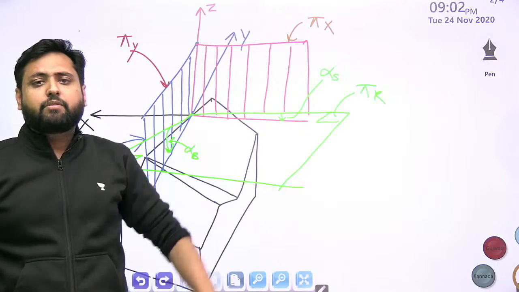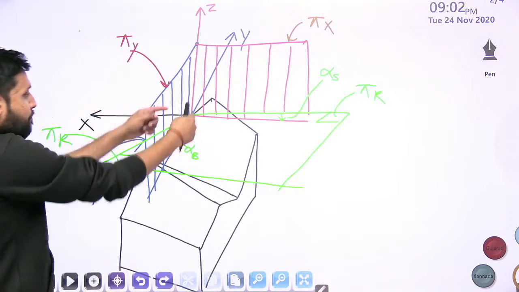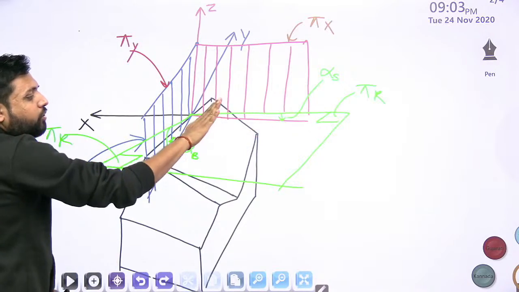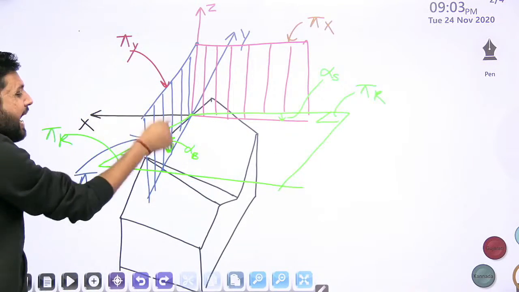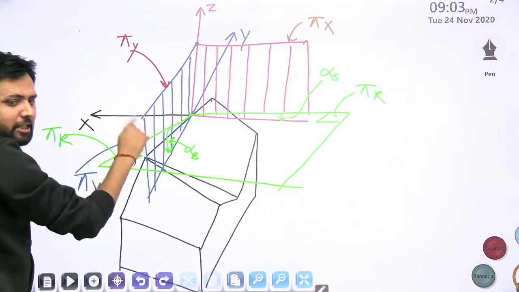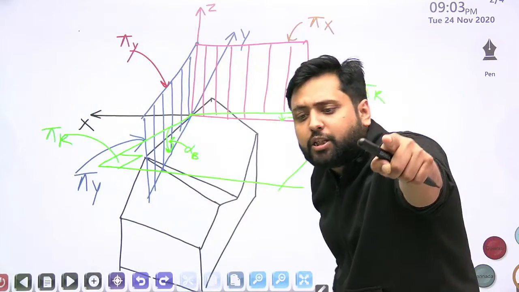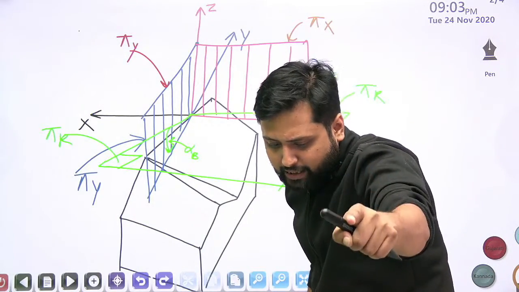The first two angles were the back rake angle and the side rake angle. The back rake angle shows the backward inclination of the rake face. The side rake angle shows the sideward inclination of the rake face. Can you use these angles for the analysis of force? No. Why can't you use these angles for the analysis of force?